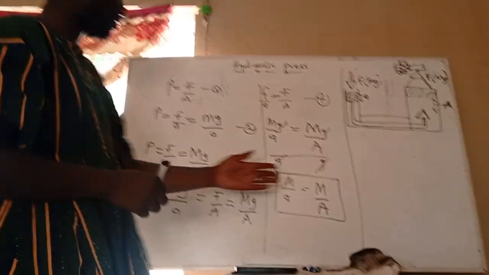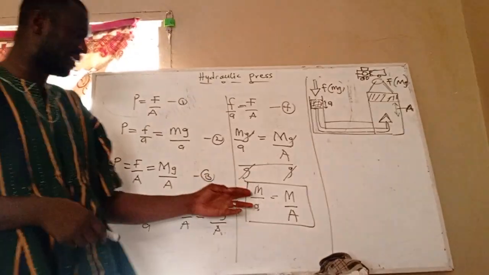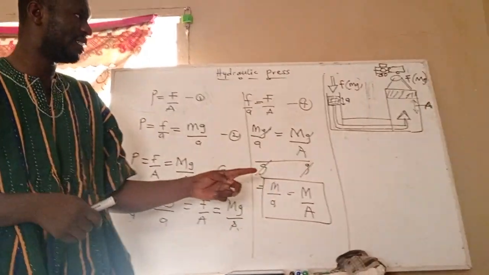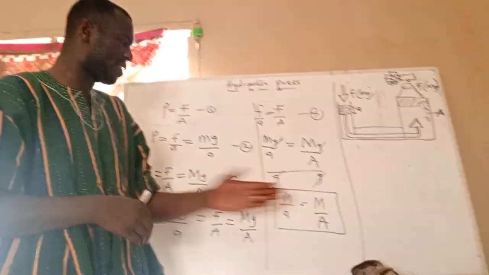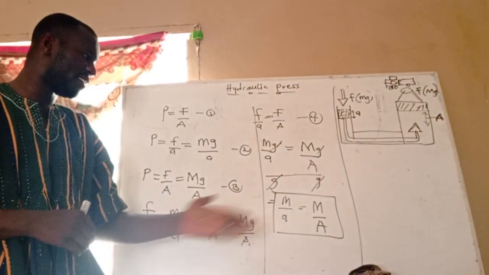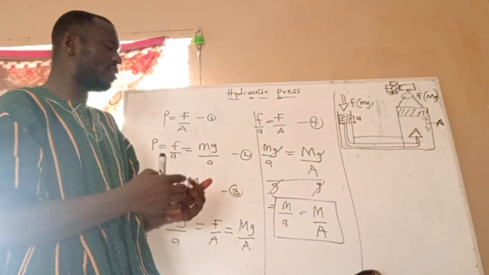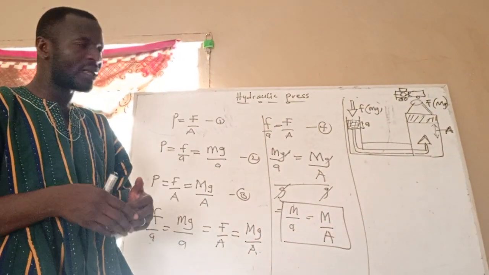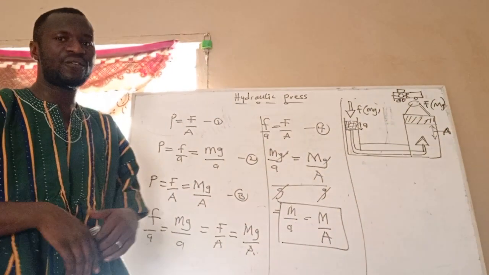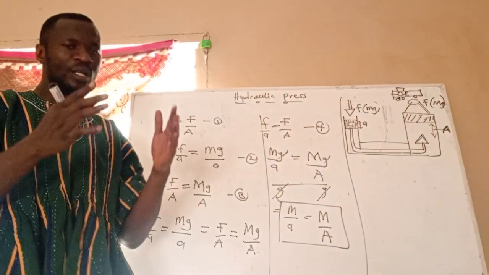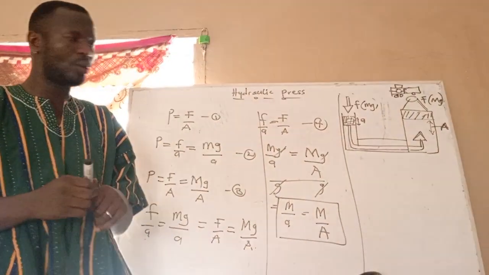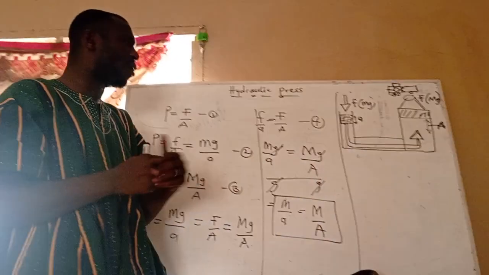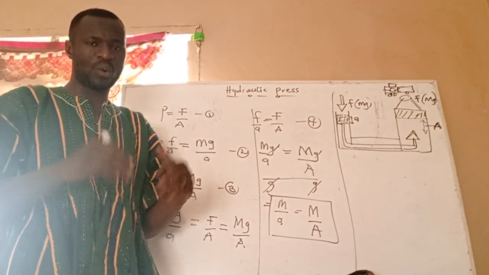In case you are to calculate the mass of an object that was raised using the hydraulic press, you can use this formula. In case you are to calculate the force that was exerted for a car to be raised using the hydraulic press, we can also use this equation. So this is how the hydraulic press works.